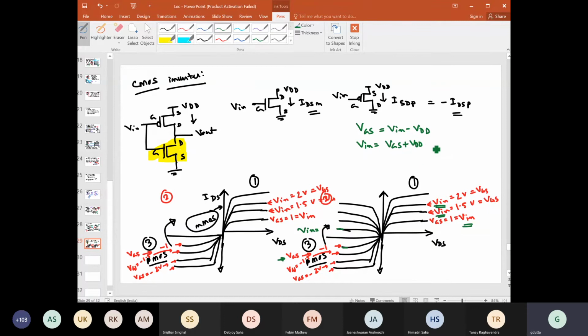Suppose the VDD for this case is 2.5 volt. Then tell me what will be V in here? 1.5 volt, right? Yes, sir. Right, 1.5 volt. What will be for the next one? 1 volt, right? What will be for the next one?